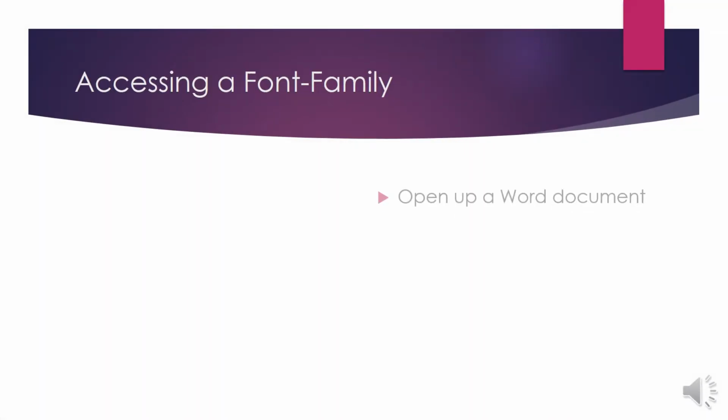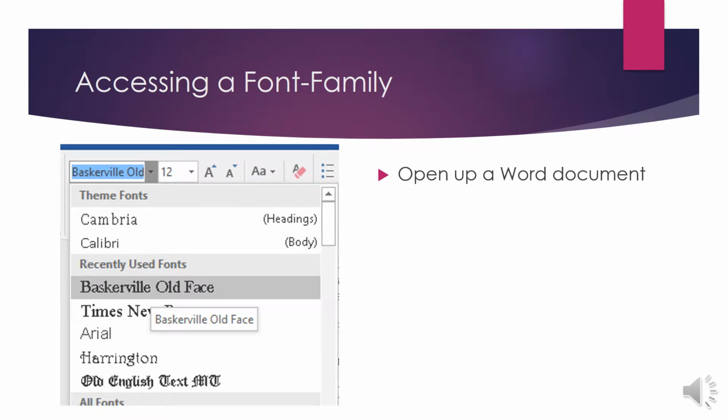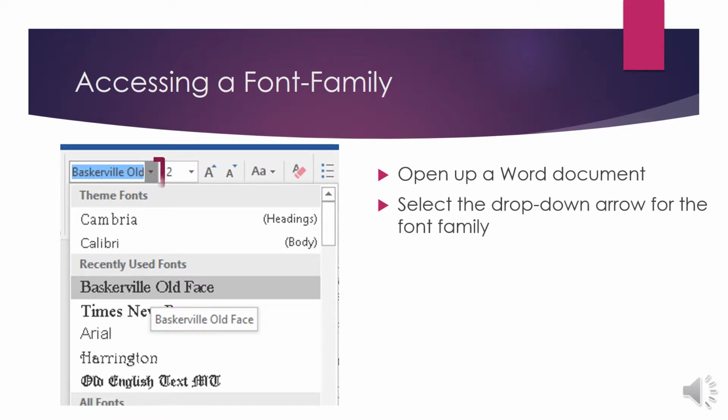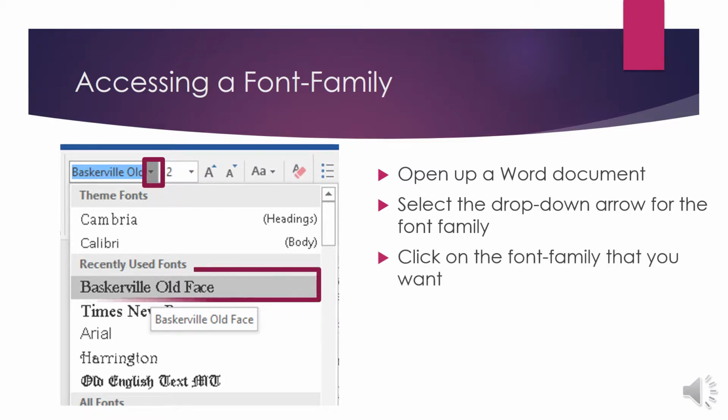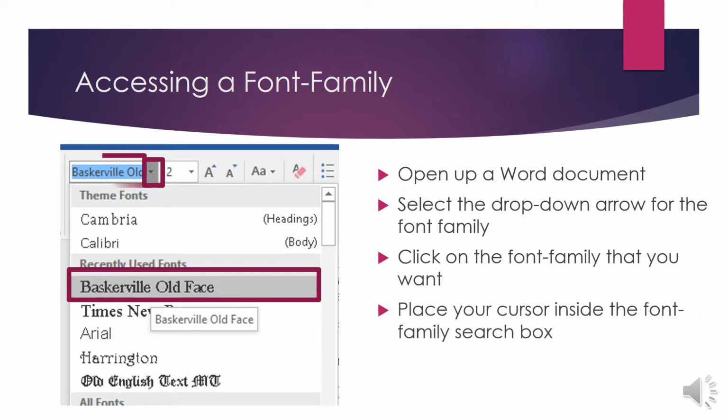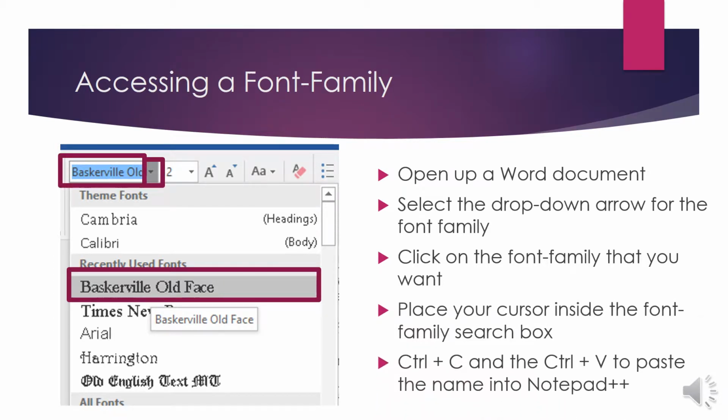How do we access a font family? If you open up a Word document, select the drop-down arrow for the font family, click on the font family that you want, place your cursor inside the font family search box, and then you're going to use Control-C and then Control-V to paste the name into the font family.